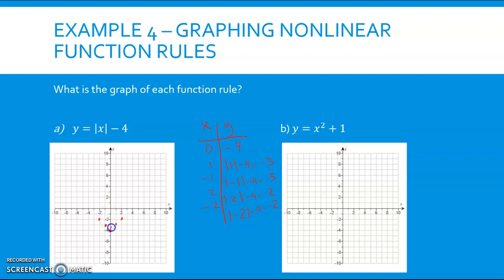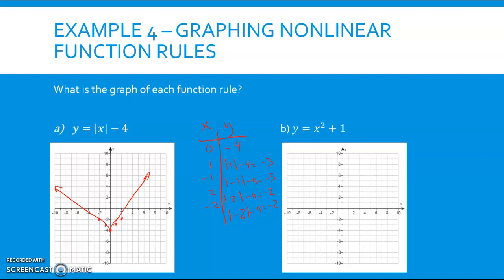So absolute values will always have this picture. It's like a V. Sorry, I'm not connecting the dots very well. It's kind of hard on here. It's like this V type function, but that's the graph of that function rule. It's non-linear, obviously, because it doesn't make a straight line. You have this weird V, and I've kind of botched the drawing of it. But you get the idea.